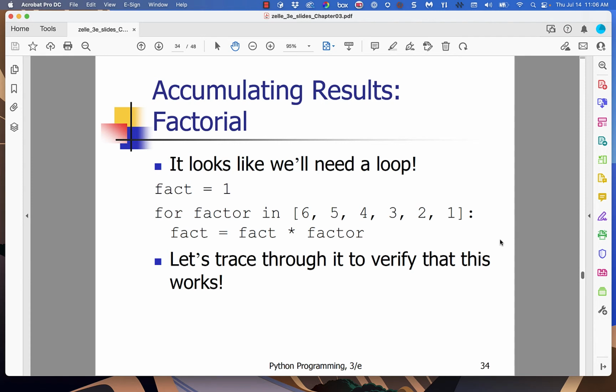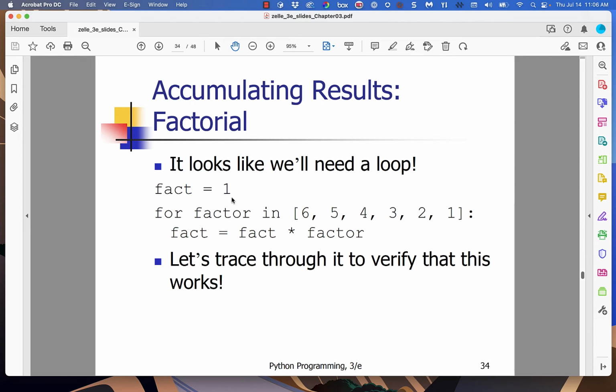So it looks like we're going to use a loop. Fact equals 1. This is the name of his accumulator. I might have called it accumulator.